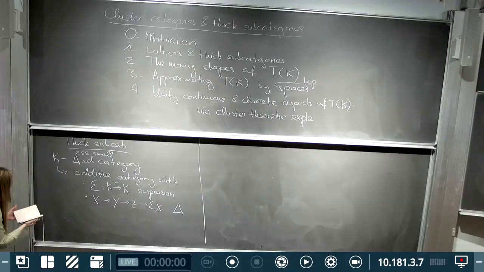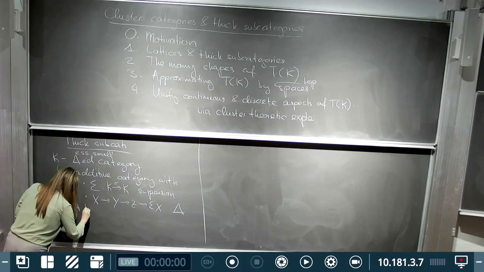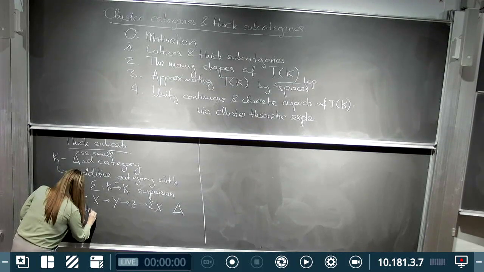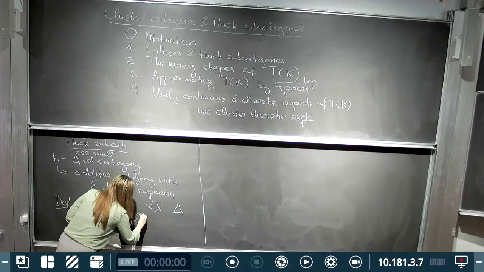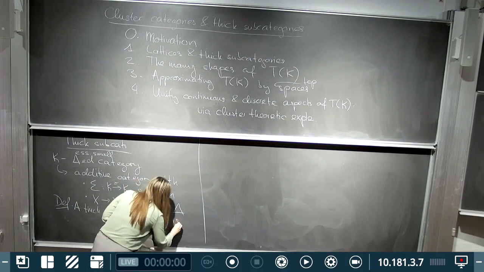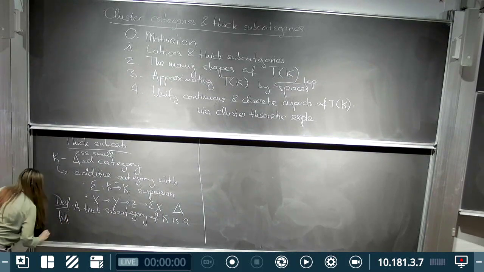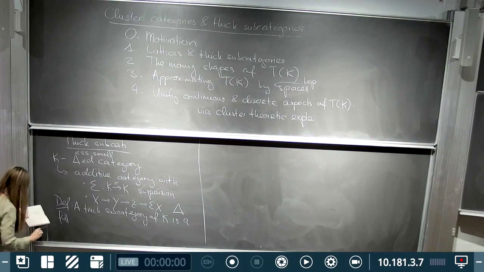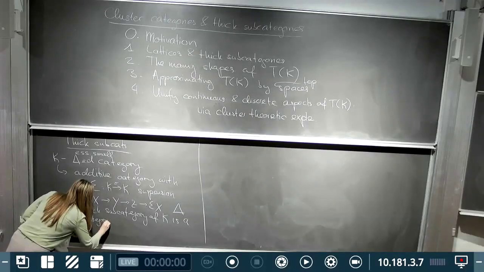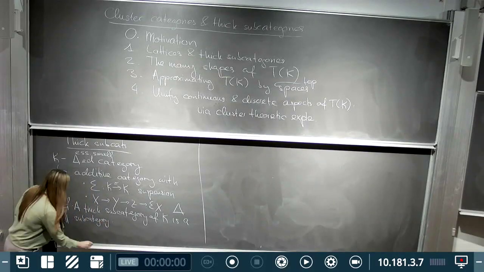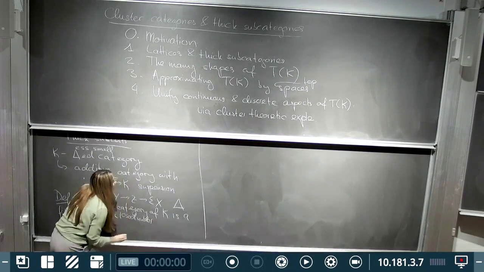So what I'm doing is I'm considering thick subcategories. A thick subcategory of K is a, and whenever I say subcategory, I mean a full subcategory, such that it is closed under a whole bunch of stuff.